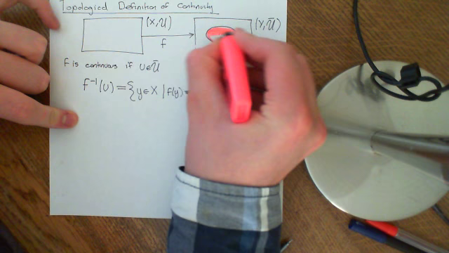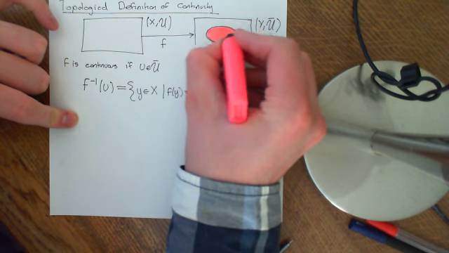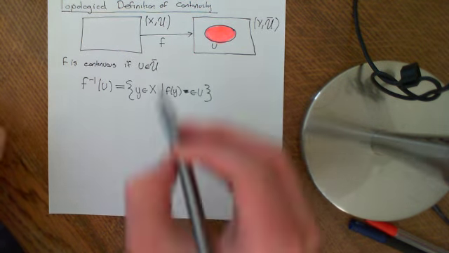So it's some open set, and I should have drawn it with a dashed line again.